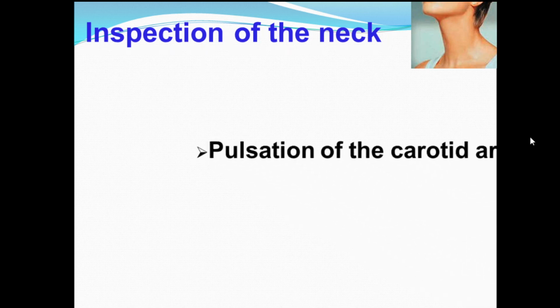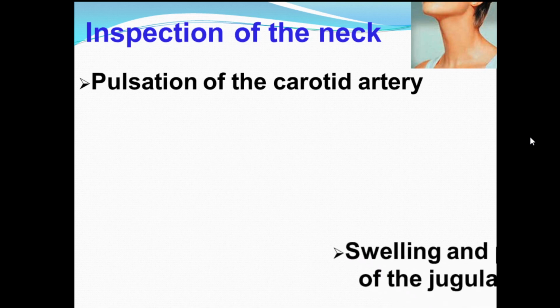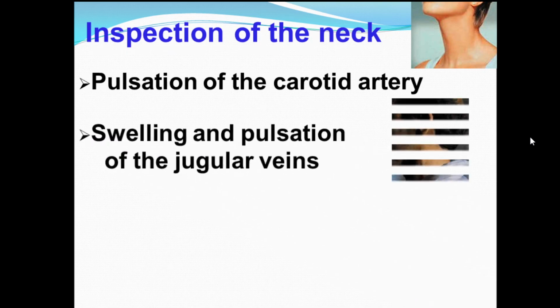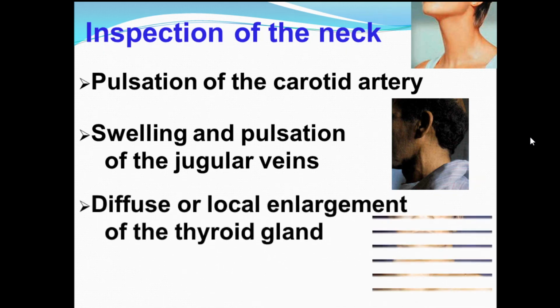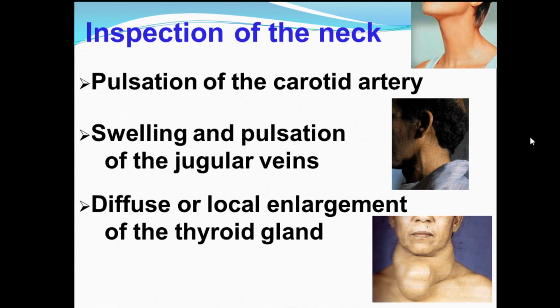The next part of the body is the neck. On inspection of the neck, we'll pay attention to two main vessels, the carotid artery and jugular vein, to reveal pulsation or swelling, and to the thyroid gland, because we can see its visible enlargement.